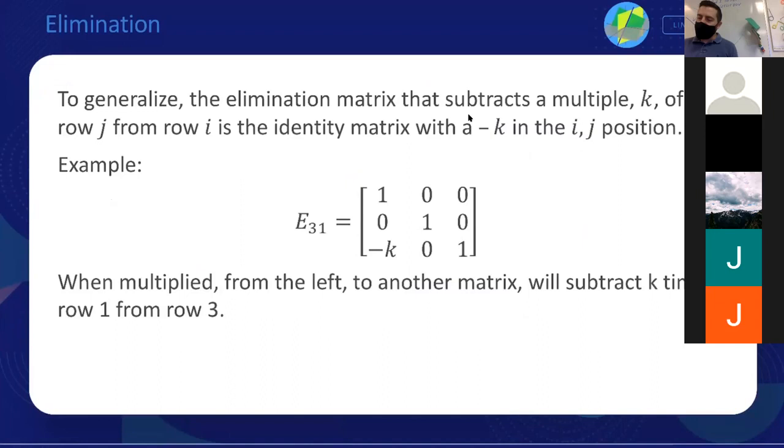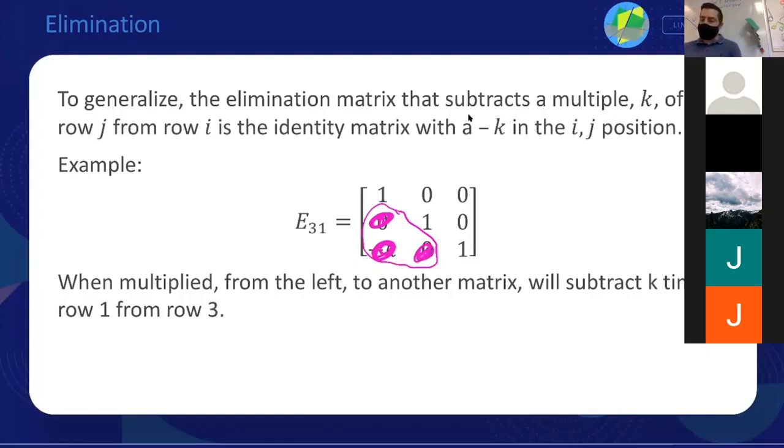And again, we're really only going to use these down here, because in elimination I want to eliminate that stuff to get the upper triangular. So I'm going to add a multiple of row 1 to row 2 to get rid of this number, add multiples of row 1 to row 3 to get rid of this number, and add multiples of row 2 to row 3 to get rid of this number.